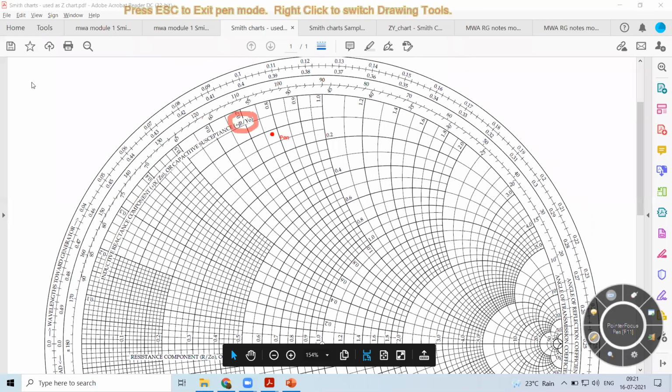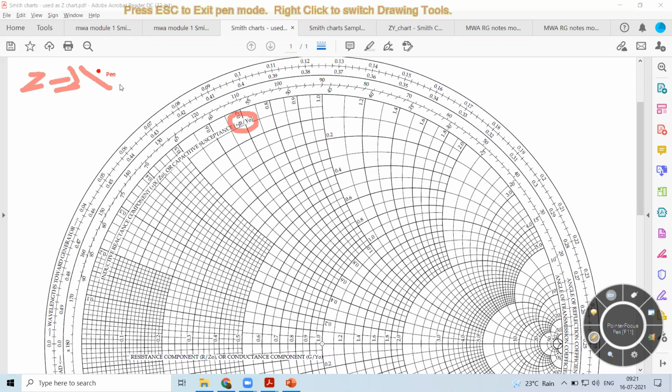If you just recollect, say I have Z with a capacitive reactance part. What is the value? It was minus j divided by omega C. Now, if I take the admittance of this, it will be 1 by XC, which will be equal to the B value, that is the susceptance value.